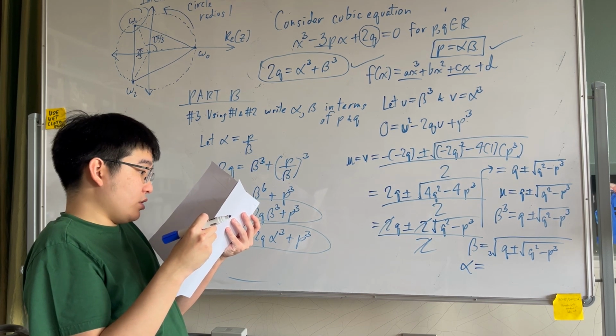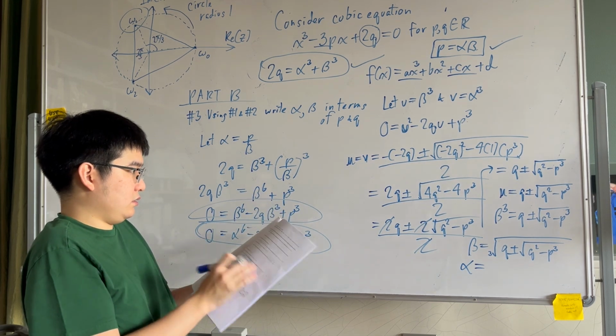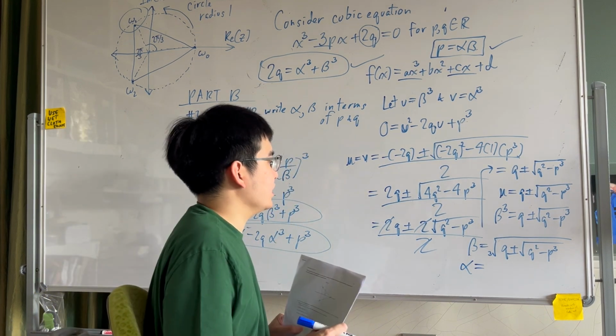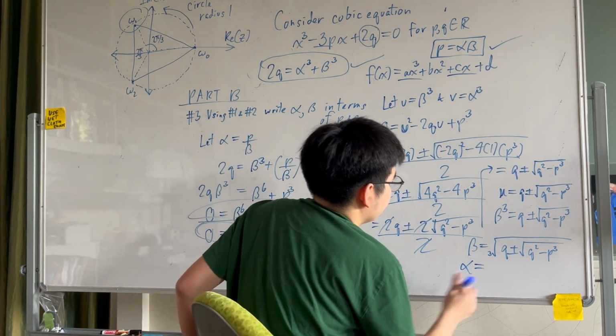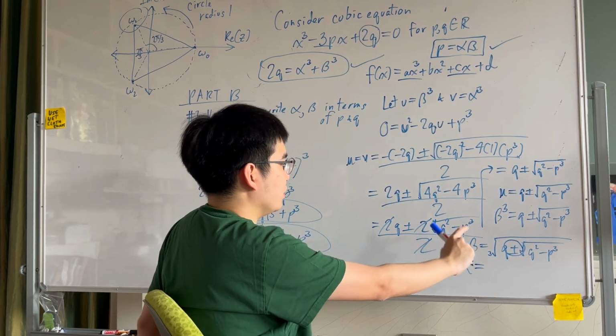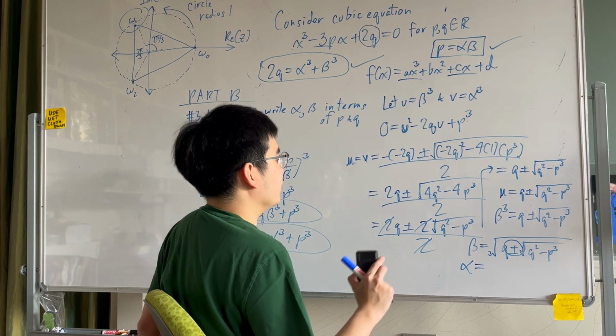Basically, that's your answer, because actually we have two answers here, because it's a plus or minus, right? One plus will belong to one root, and the minus will belong to the other root.